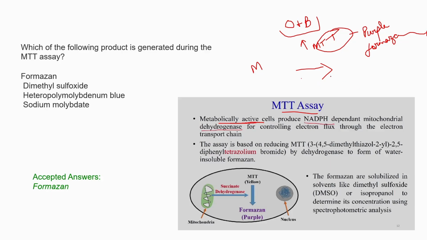Based on the color gradient and using spectrophotometric analysis, we can estimate the number of metabolically active cells after interaction with the biomaterial. So the product that is generated during the MTT assay is formazan.